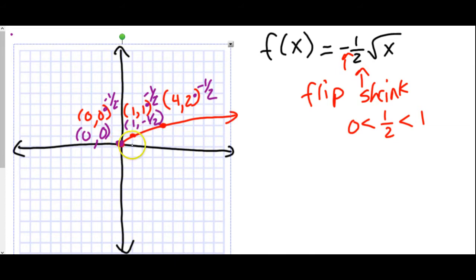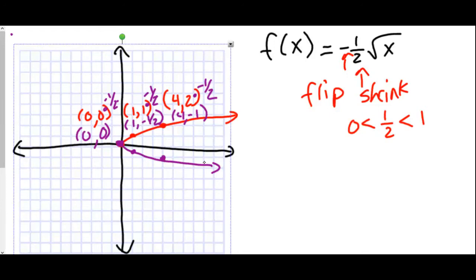So we go right 1, down 1/2. And 4, comma 2 times negative 1/2 is negative 1. So 4, comma negative 1. So our graph has both flipped and it's shrunk down some.